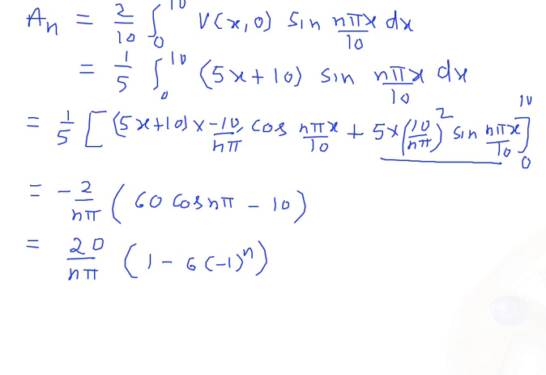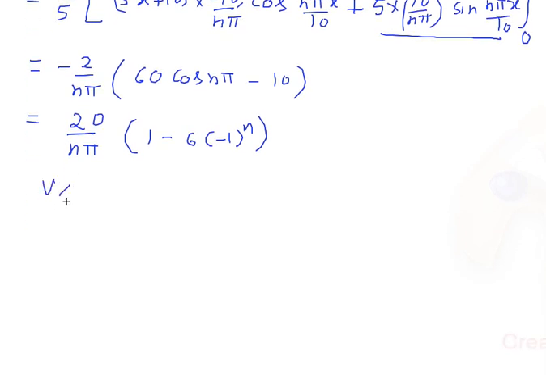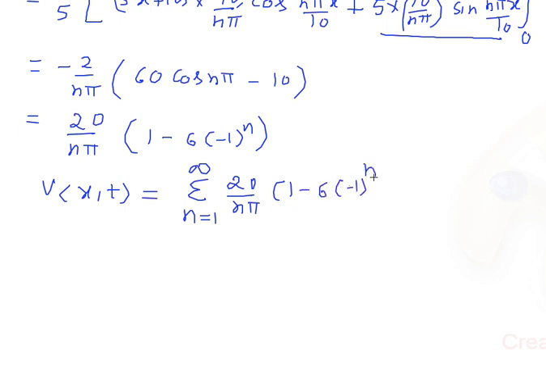So this is your a_n, then v(x,t) is sigma n equal to 1 to infinity of 20 over n pi times (1 minus 6 times (minus 1) to the power n) times T_n(t), and sin(n pi x over 10).